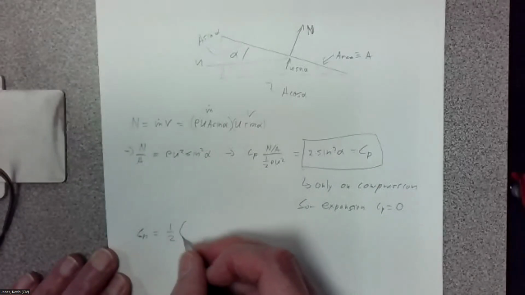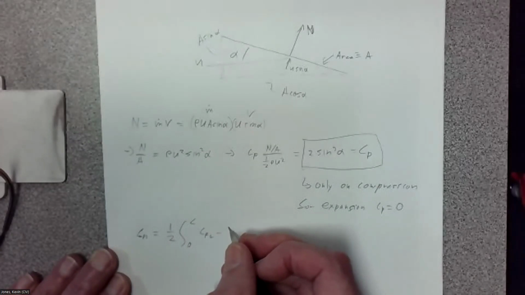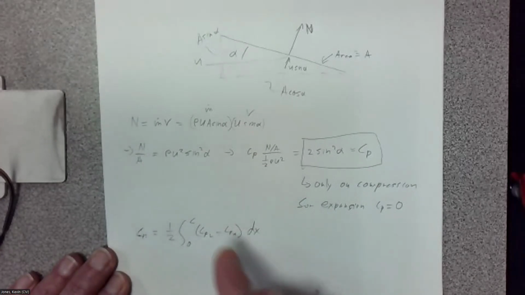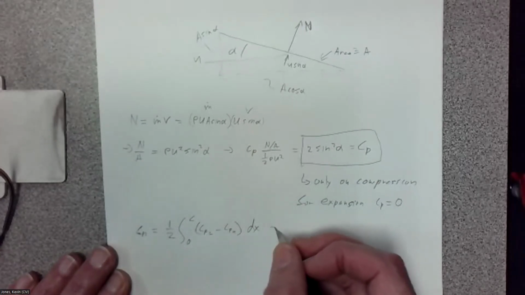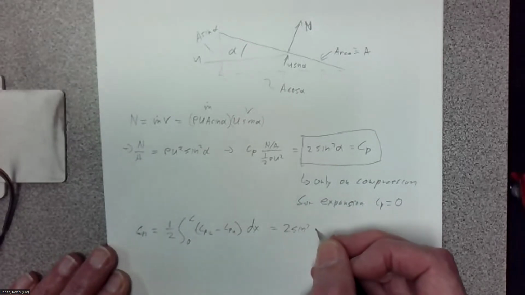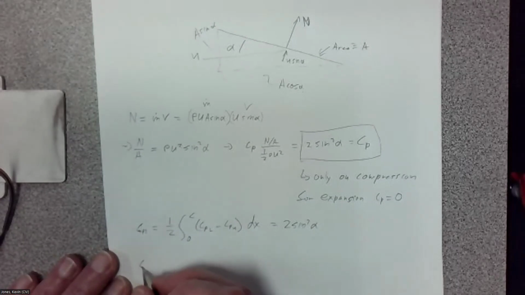So that's one half integral from 0 to c of CP lower minus CP upper times dx. But these are just constants in this case. So this will just be our 2 sine squared alpha. And then if we want to find the lift coefficient, CL.